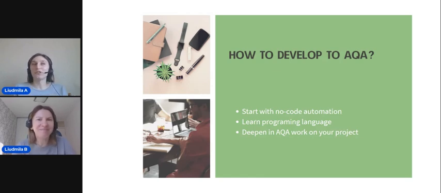Also, it's always a good idea to understand what quality engineers do by asking them, by trying to participate in their job. When your automation quality engineer is absent, ask him or her to provide you with some tasks.